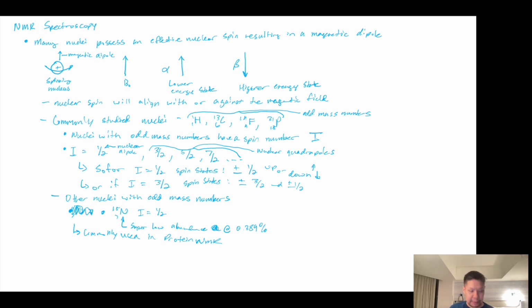And the reason why is because recall that a protein or a peptide is held together with a peptide backbone, and every peptide backbone has amide bonds, or the peptide bond, for every amino acid there, and they all contain a nitrogen.